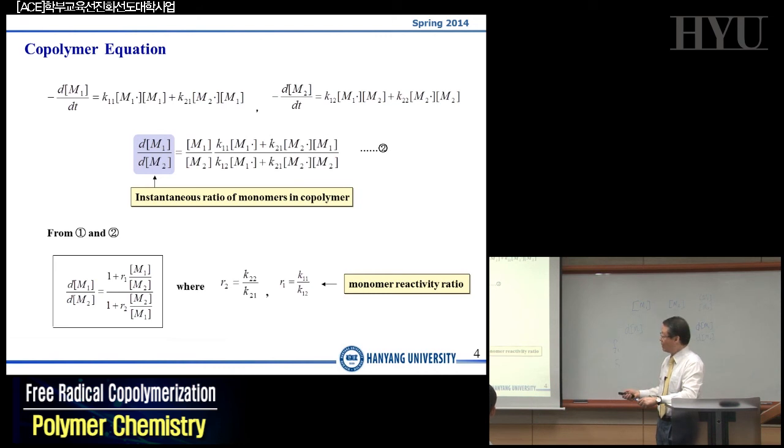So if you know M1 over M2 and R1 and R2, you will know dM1 over dM2, which means the monomeric units in the copolymer systems.